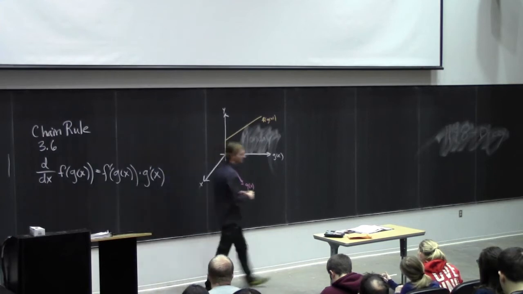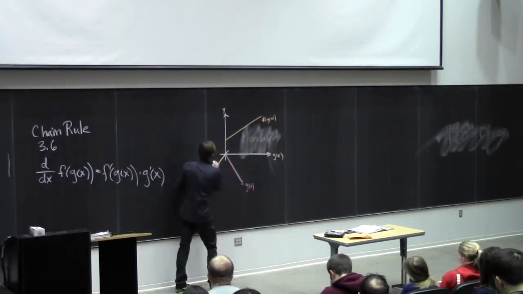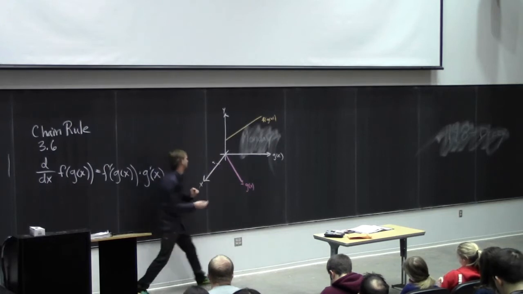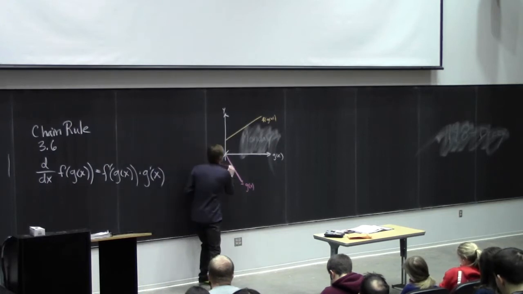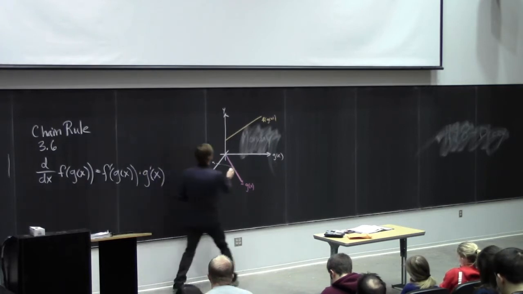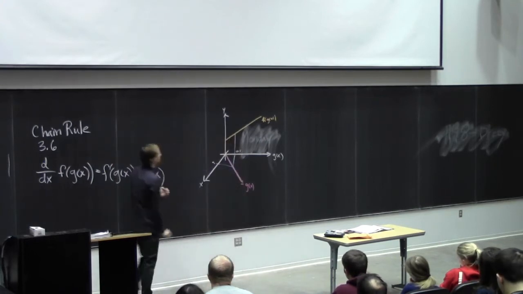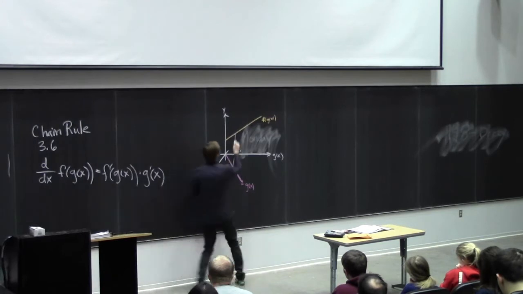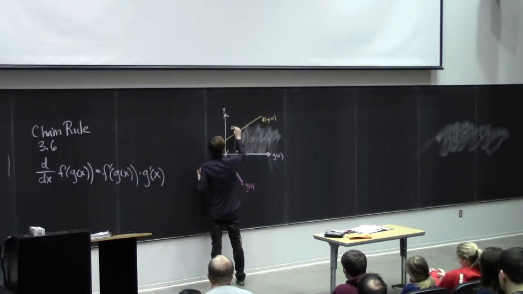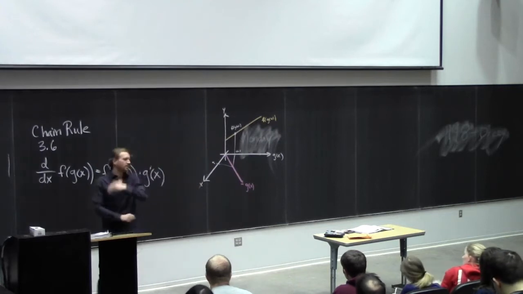When we take a derivative, what we're really doing is we have some value a here, and we're looking at the value a in g. This is g of a. We plug that into f, and so this is f of g of a, right there.